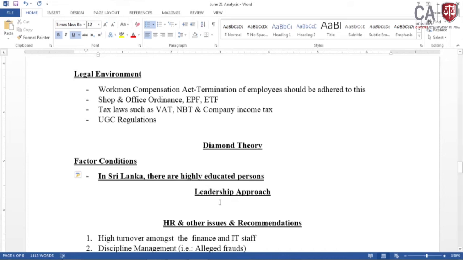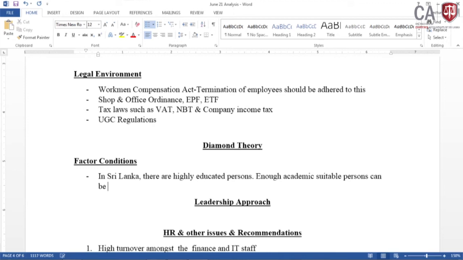Therefore enough academic people can be found, and enough suitable people can be found.